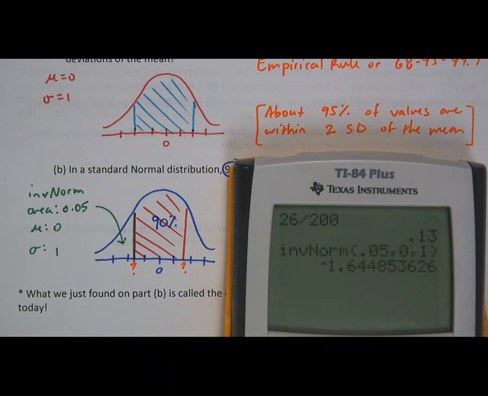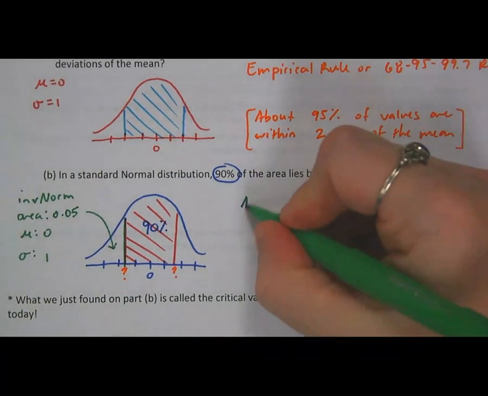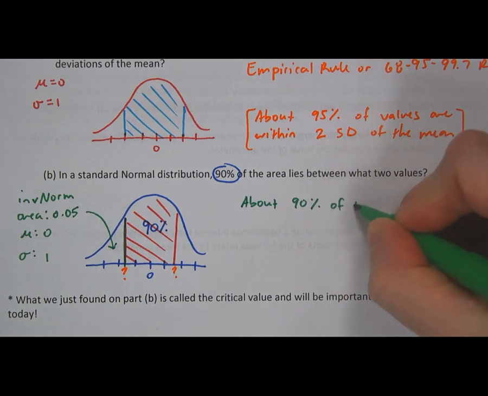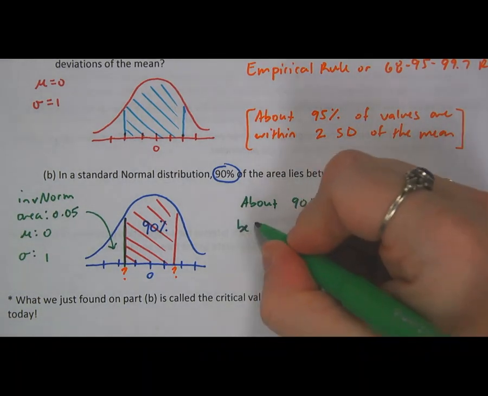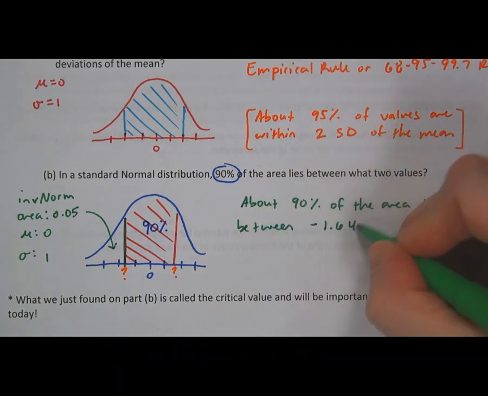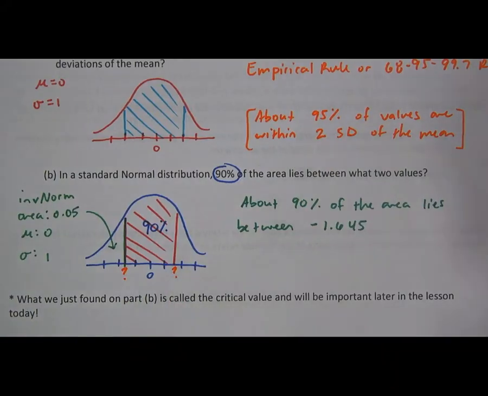And let's take this out to 3 decimal places. So this value right here is negative 1.645. About 90% of the area lies between negative 1.645, and because of the symmetry here, we know that this is positive 1.645.